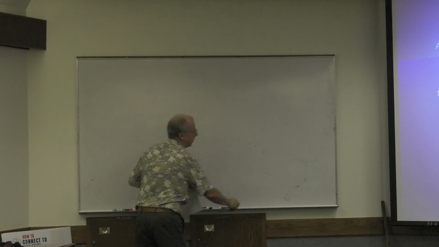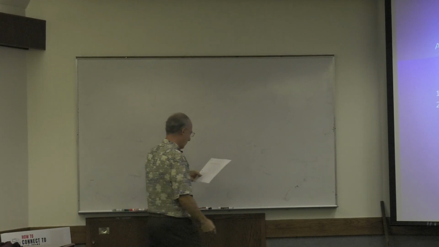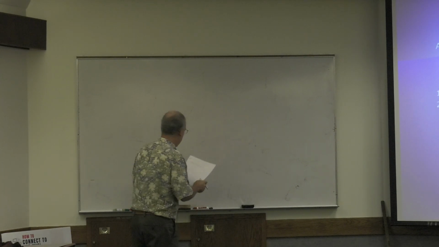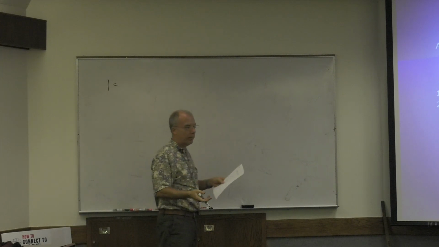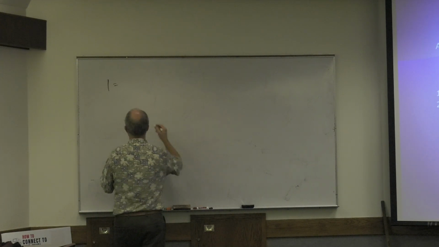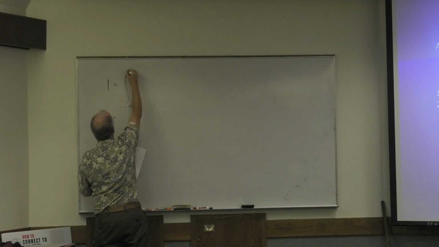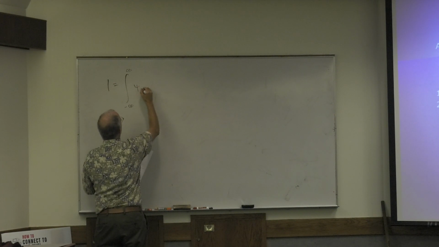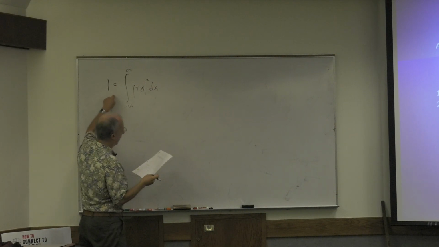Okay, so we drew the graphs. Determine the normalization constant. All right, so that's this integral business. The particle has to be somewhere between minus infinity and positive infinity. So the integral from minus infinity to positive infinity of psi of x squared dx has to equal 1.